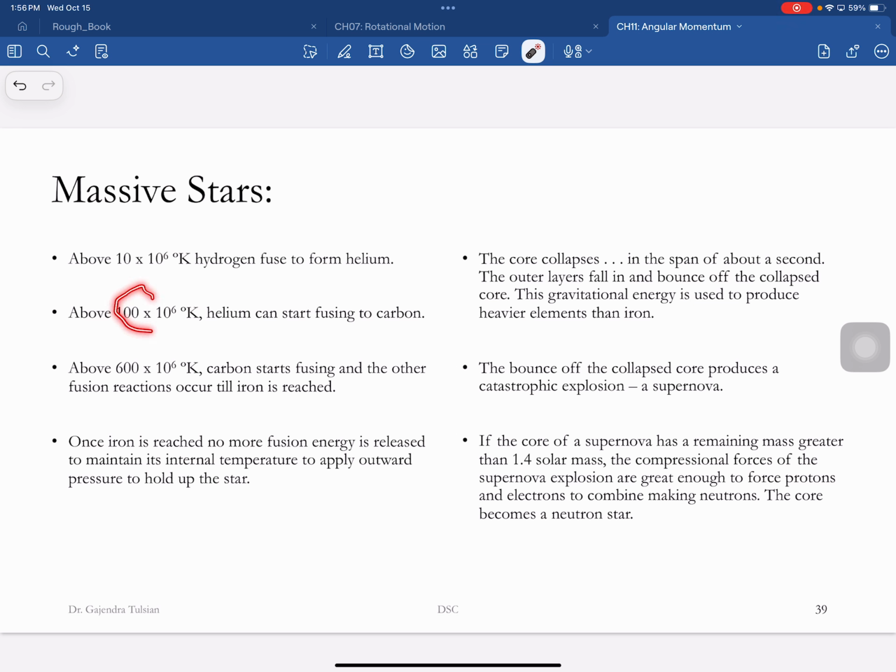You need 100 million degrees Kelvin. So eventually, when the sun runs out of hydrogen in its core and it doesn't have any more hydrogen to burn, it will collapse a little, the temperature will rise, and it'll start burning helium to carbon. To make carbon into other elements, you need to be even hotter.